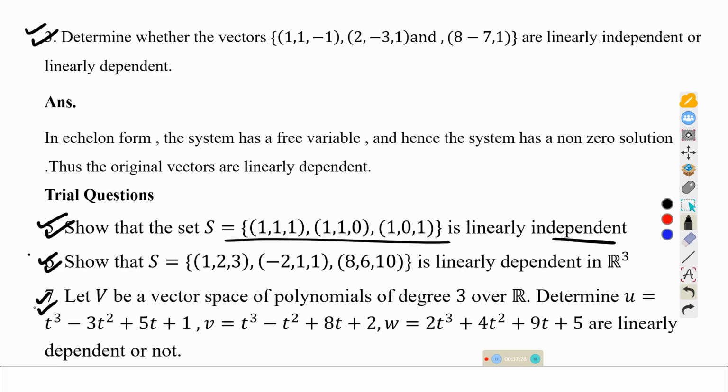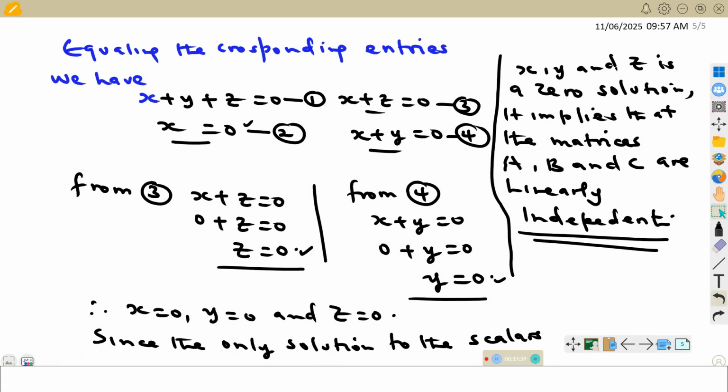So let us look at this example here. They are saying show that the set, this one here, is linearly independent. So we shall use the same procedures as we did in our first example. So we are given the set S. This will be example number 3. We are given the set S, which is consisting of vectors 1, 1, negative 1.